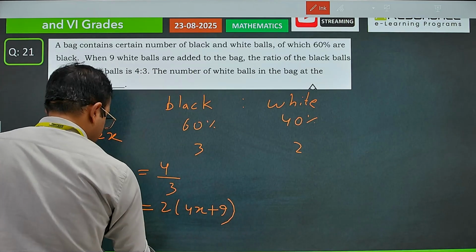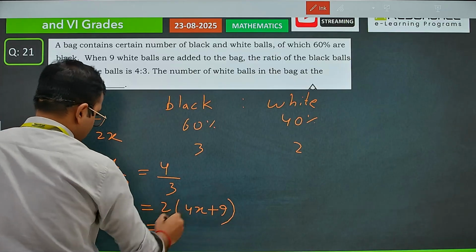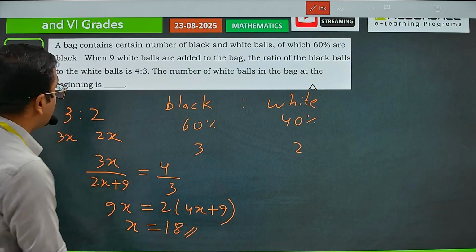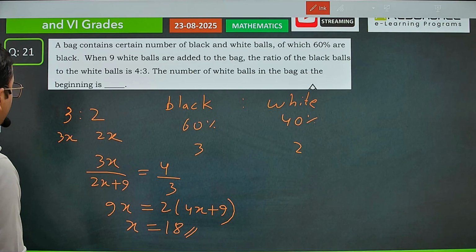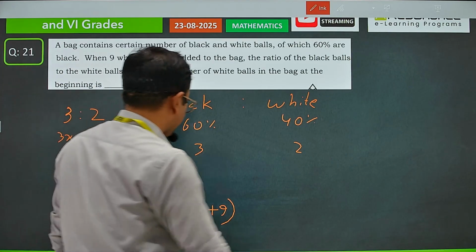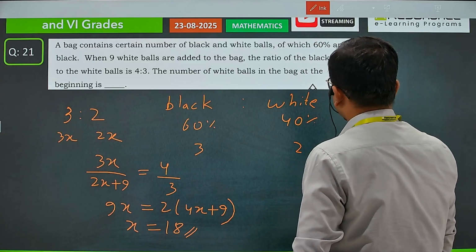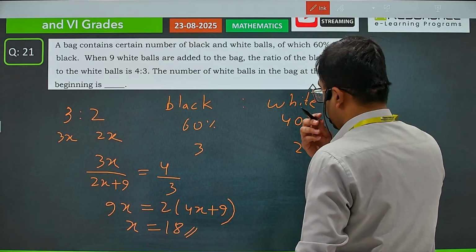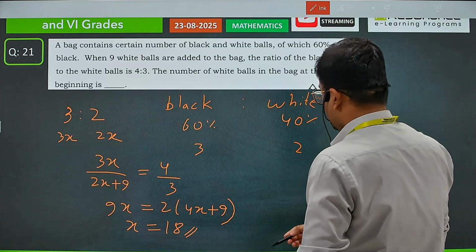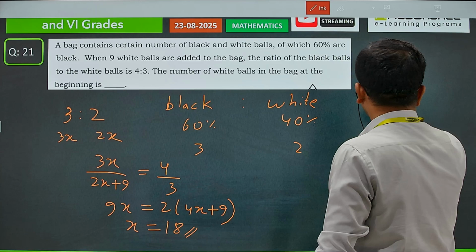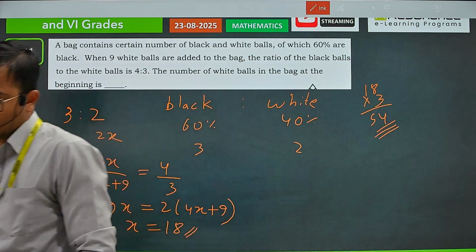So that is 18x, and x becomes 18. Initially we want the number of white balls in the beginning. So that is 3x, 3x was 18 into 3. That was 54. Okay, hope it's clear.